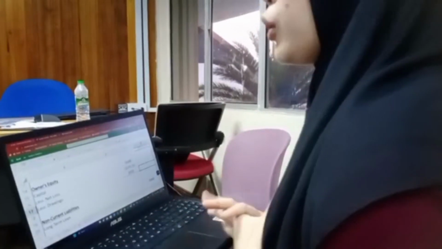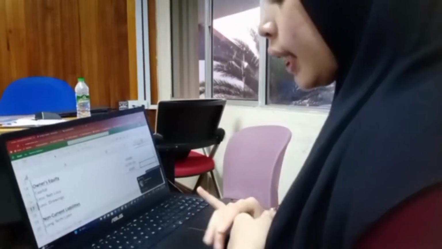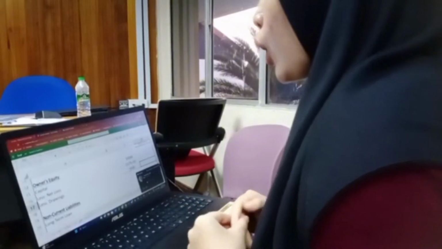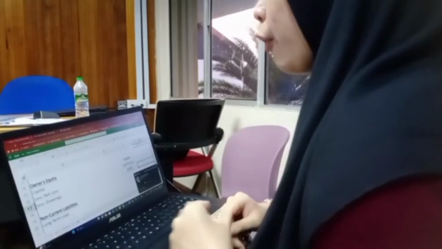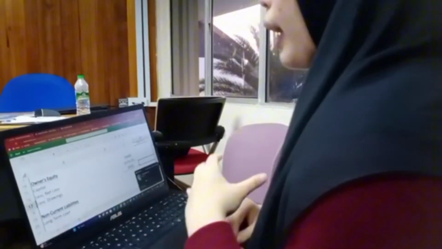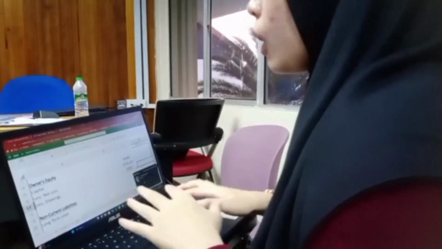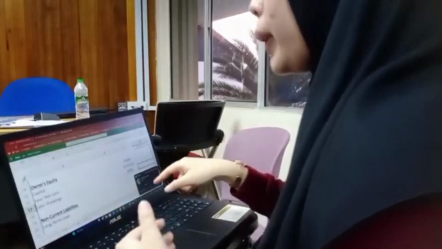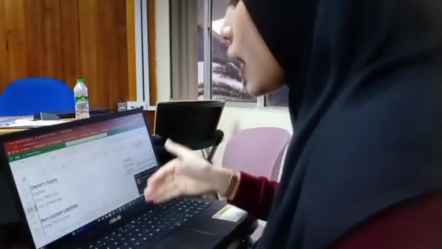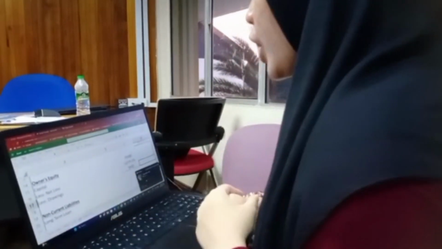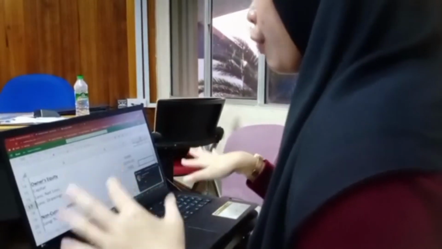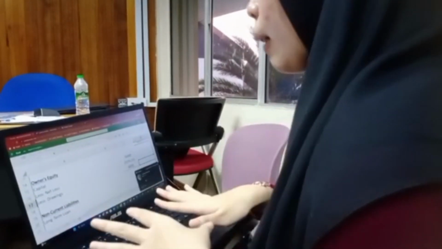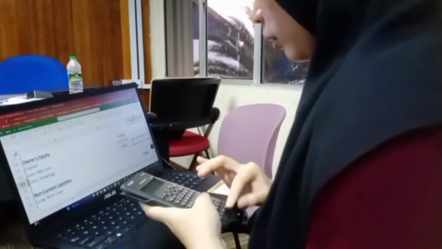Right now, I'm going to do the part for owner's equity and non-current liability. First of all, we put the capital, then minus the net loss that we took from SOPL, and then minus the drawing, which is 650. Then I'm going to calculate it first.